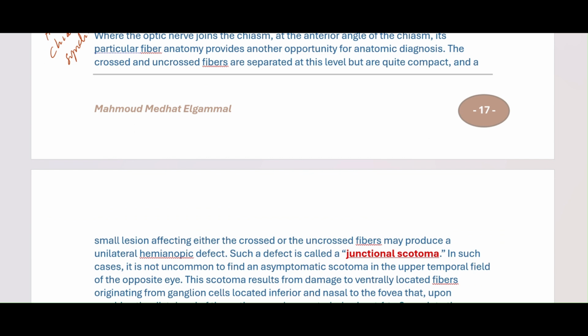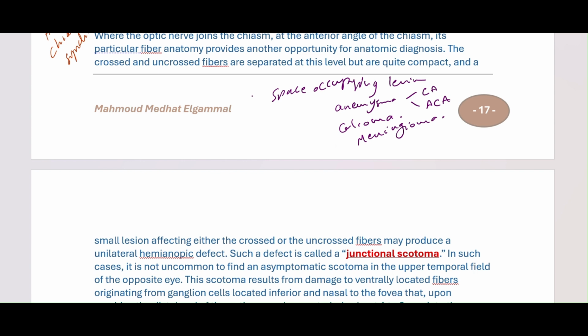And again, what might cause this? It might be caused by a space occupying lesion, and you can of course enumerate aneurysm of the carotid artery or anterior communicating artery, glioma, meningioma, demyelinating disease might cause it as well, pituitary tumor or adenoma, and adenoma is the most common.